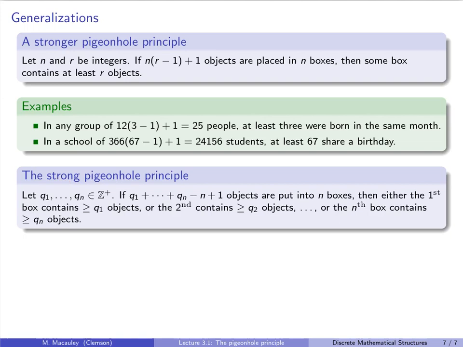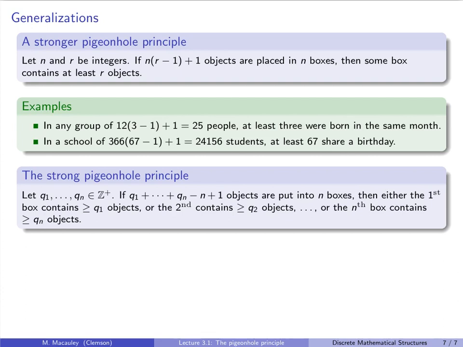This is the strongest. It says that if we have n positive integers, q1 up to qn, and we have n boxes or n pigeonholes, then if we add up those integers, subtract n, and add 1, and take this many pigeons and put them into the n boxes, then either the first box contains q1 objects, or the second box contains q2 objects, or the nth box contains qn objects.